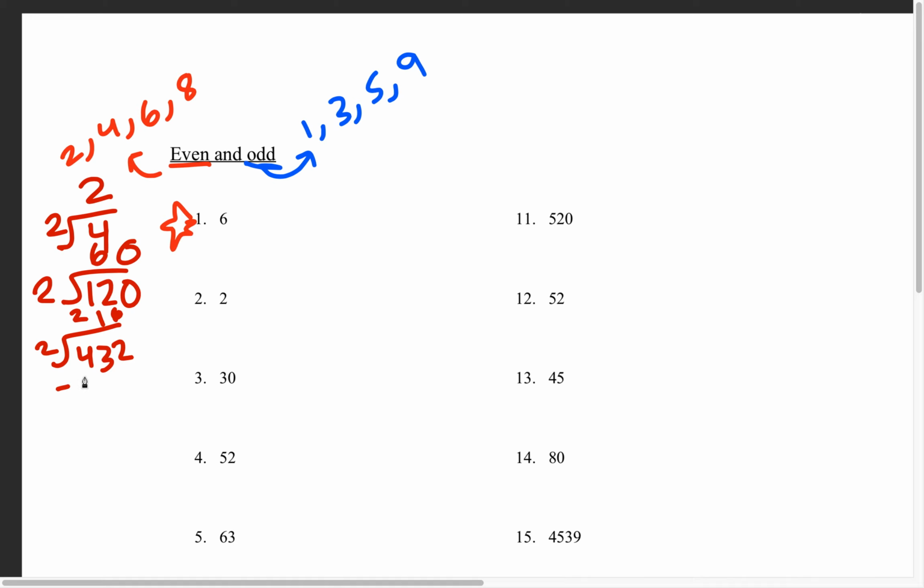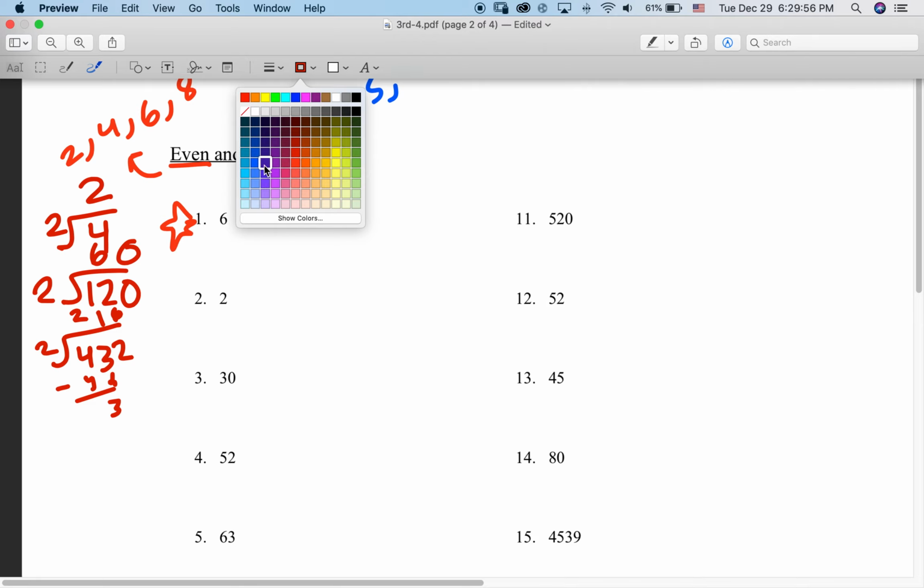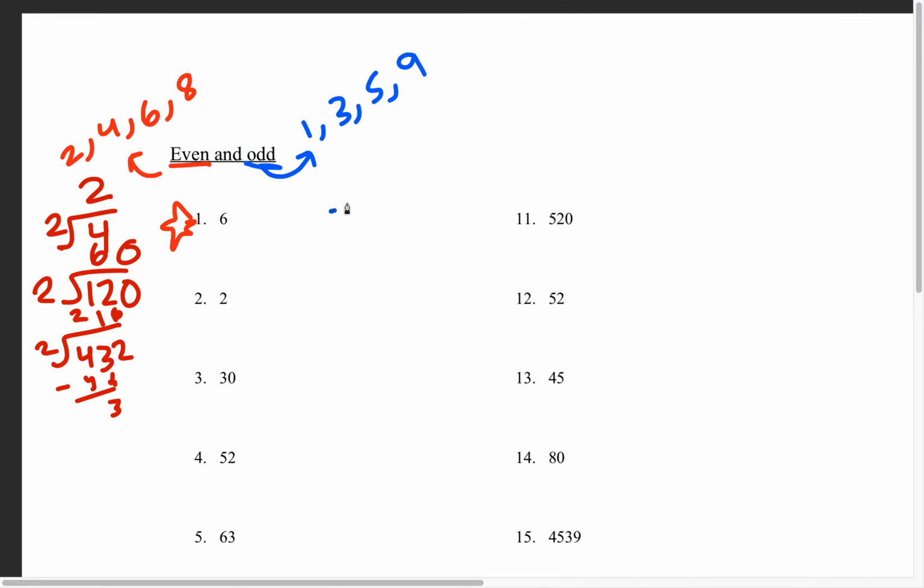Let me make sure. Yes, it's 6. Sorry about that. My brain's kind of off today. So, but if you do odd numbers, if you divide them by 2, there's always going to be a remainder, or a leftover basically, such as like 19 divided by 2.